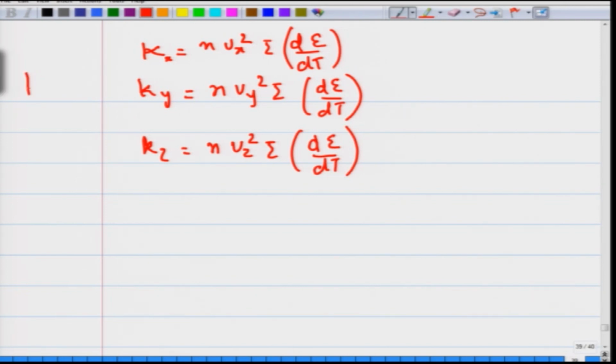For a general 3-dimensional material, you maintain a certain temperature gradient across the material, and then in different directions how much the thermal conductivity will be is governed by the velocities in the x direction, the speeds in the y direction, and the speeds in the z direction.